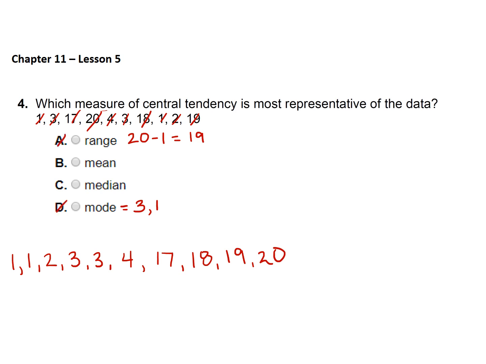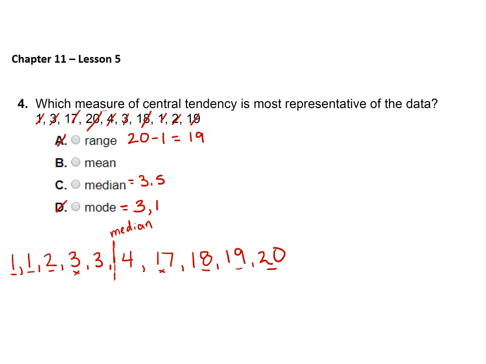All right, so the middle number, left, left, left, right, right, right, left, right, and this is the median. All right, and that is 3.5.